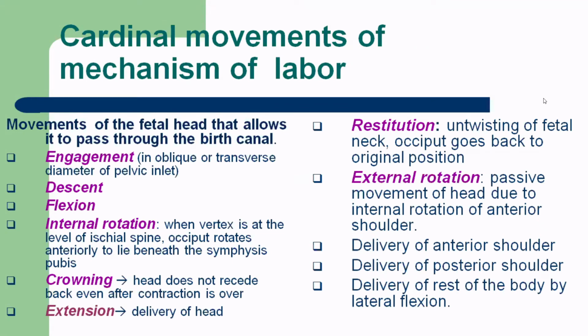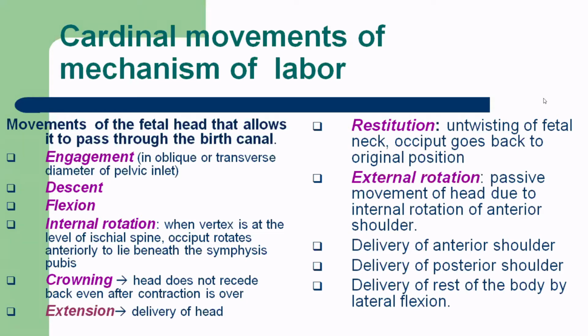This is just a summary of the cardinal movements of mechanism of labor. We'll describe it one by one later. So this is the movement of the fetal head that allows it to pass through the birth canal. If there is no cardinal movement, the fetal head cannot be delivered because it will get stuck somewhere in the cavity or in the outlet.